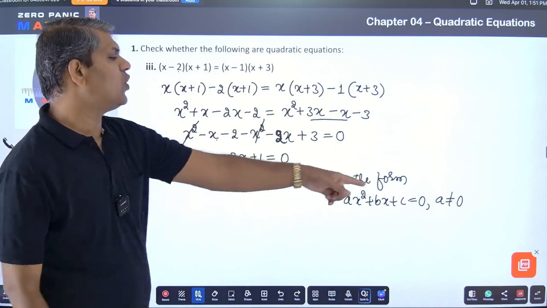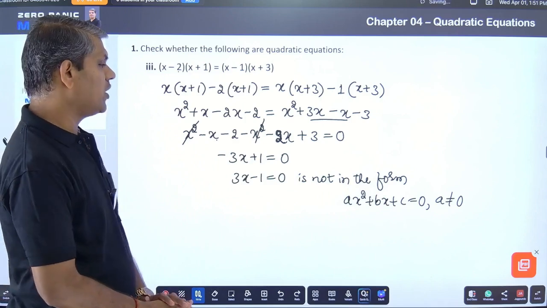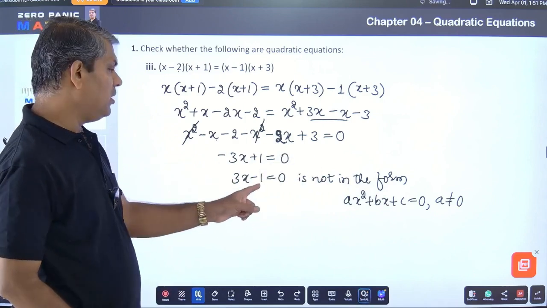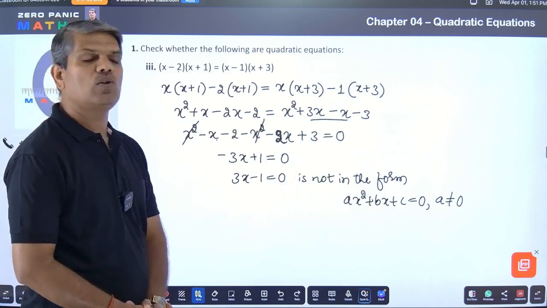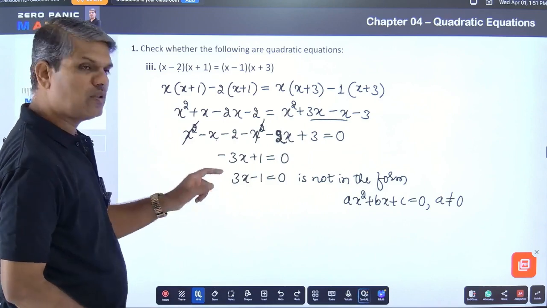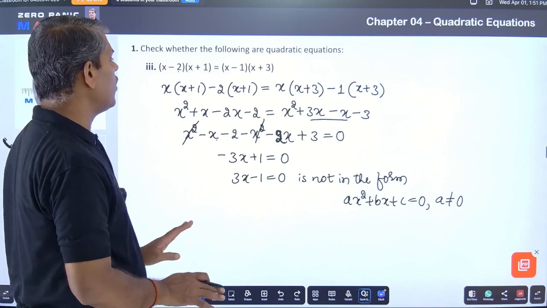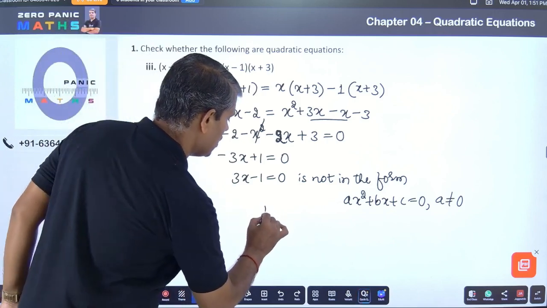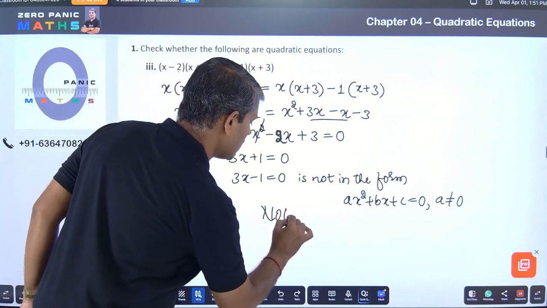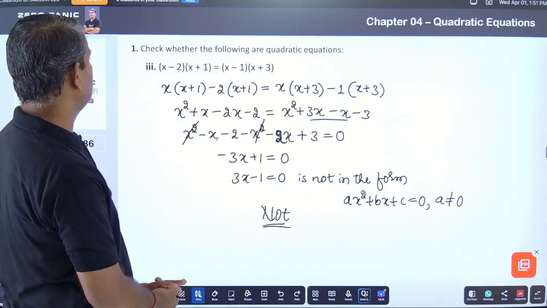Because a is 0 here, and the condition of the standard form of a quadratic equation is that a should not be equal to 0. b can be 0, c can be 0, but a should not be equal to 0, and here we are actually getting a equal to 0. So that is not satisfying the condition of the standard form, so it is not a quadratic equation. You can write that here: not a quadratic equation. Write that for yourself.